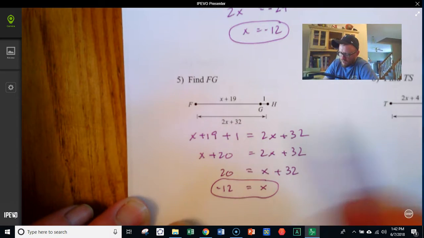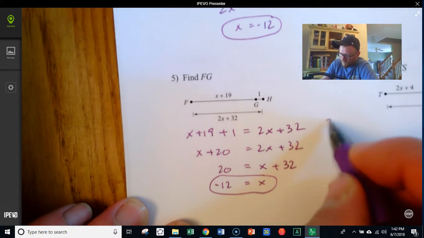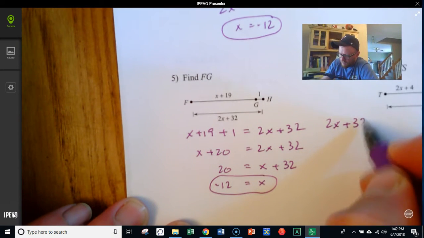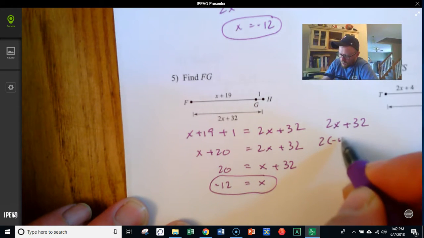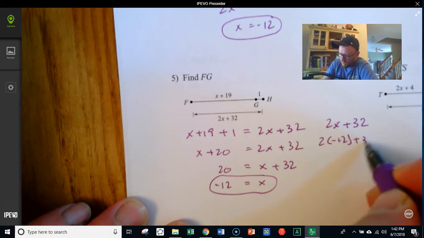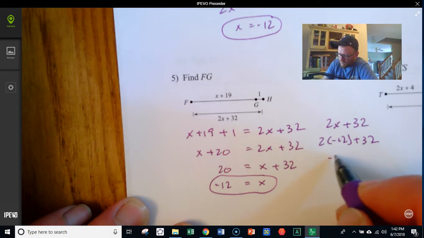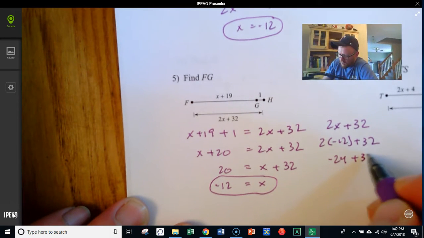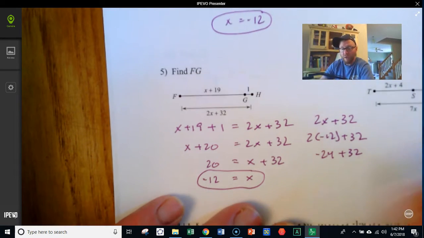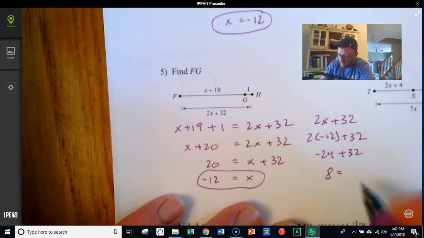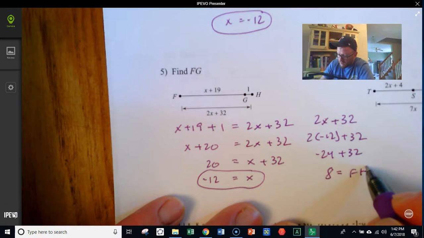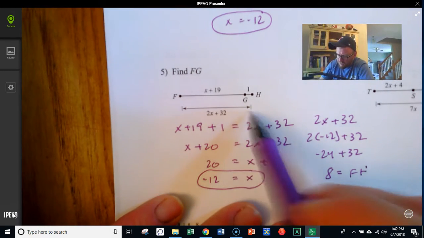FG is 2x plus 32. 2 times negative 12 plus 32. Negative 24 plus 32 is 8 equals FH.